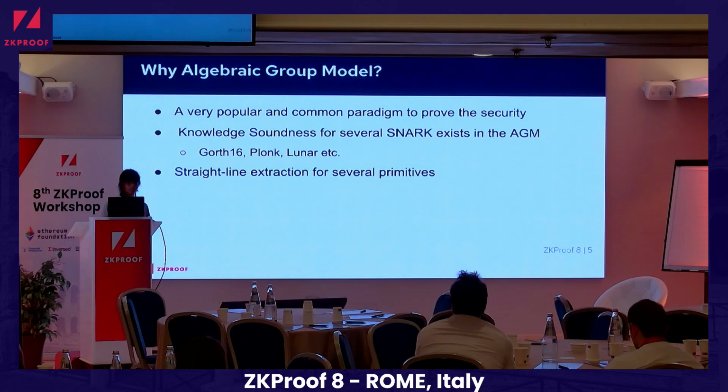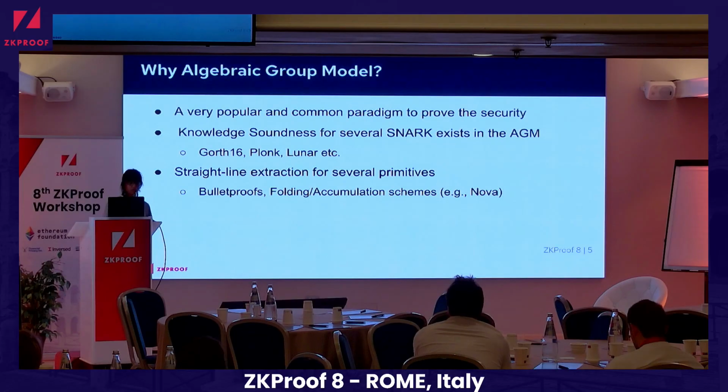Another reason is that the AGM allows you to have a special property from extraction called straight line extraction. I'll talk about it later, but this is very essential for getting unbounded depth IVCs. Using this property, we can get proof systems such as Bulletproofs or folding accumulation schemes like Nova, which already have knowledge soundness under a different model.